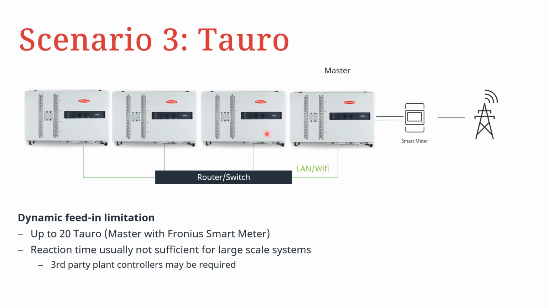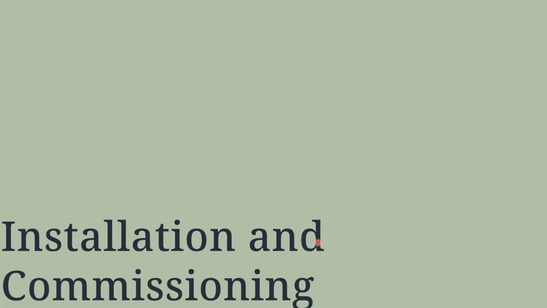But then we're just making it clear here as information going out to everyone. If there is any need to go beyond 20, because of the intention of having communication and reaction time top-notch, you might want to implement the use of a third-party plant controller.